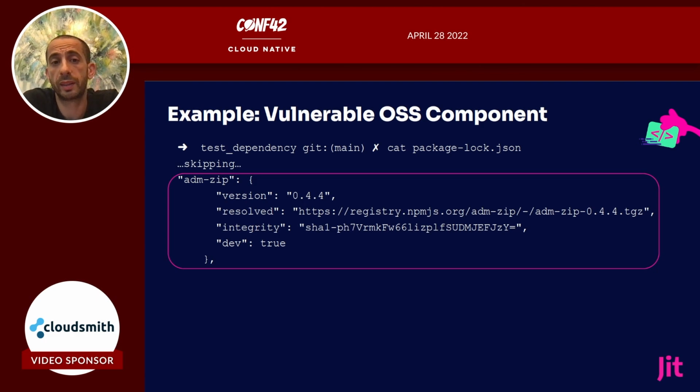In this example, we see that there is a dependency named ADM zip. It's a JavaScript implementation for zip data compression for Node.js. And it is used in this project. I'm telling you in advance, the dependency contains a vulnerability. So let's see how OWASP Dependency Check faces that.